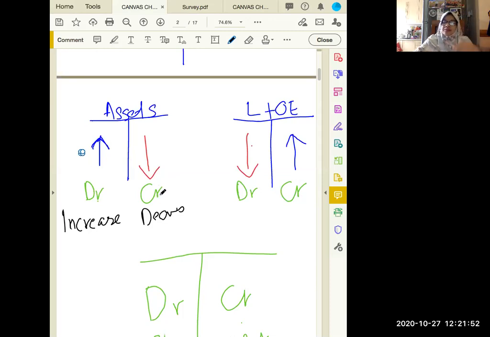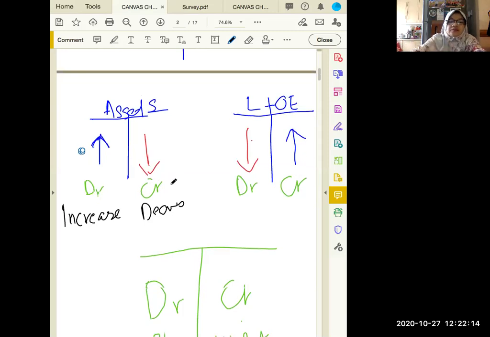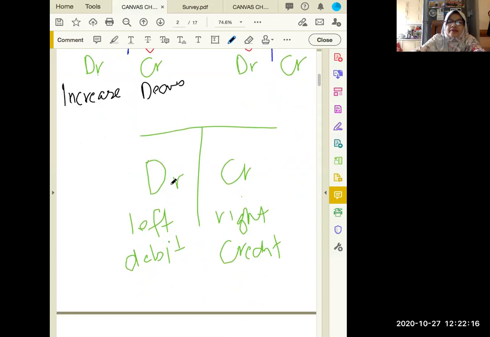Alright, so remember satu je, kalau asset, increase debit. Liabilities and owner equities is the other side, so any increase is on credit. Always remember L and OE is increase on the credit side. So bila di increase, dia akan credit. When there's a decrease, there will be a debit. So remember again, debit, credit, left and right.